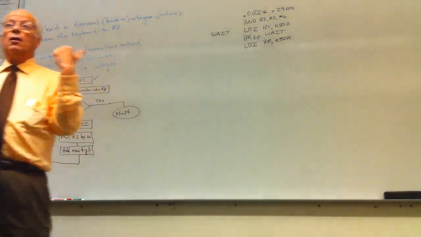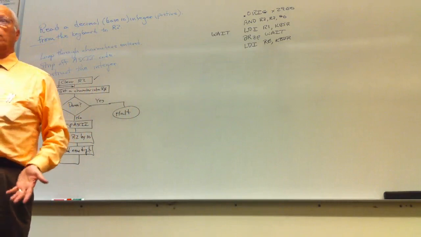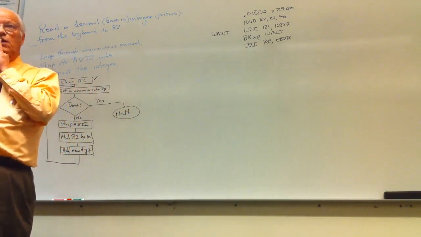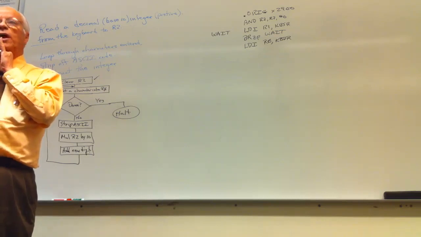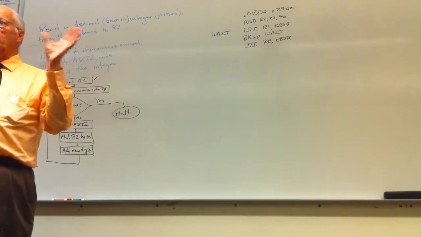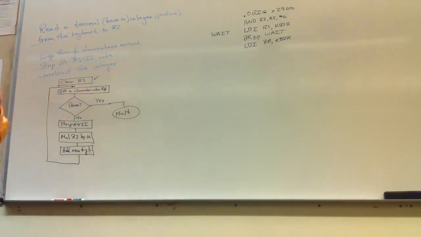Typically, you'll have time to do a lot in between, but it's best to move that thing out of there immediately and put it someplace where you can work with it. Best to move it out of the status register or out of the data? Out of the data register. It's movement out of the data register that clears the status register.